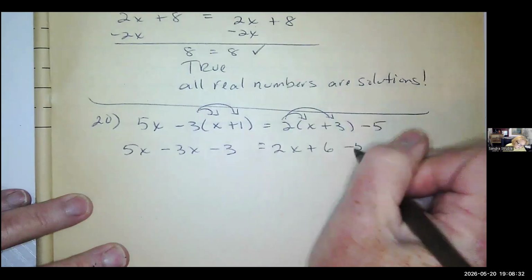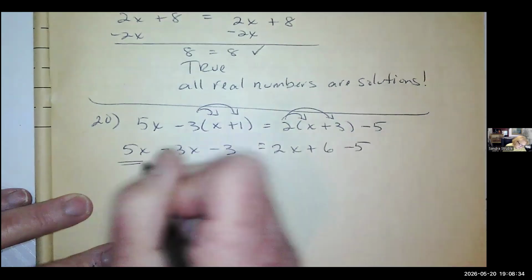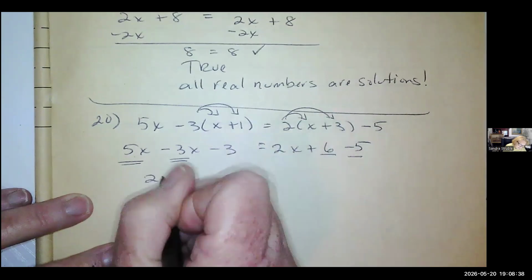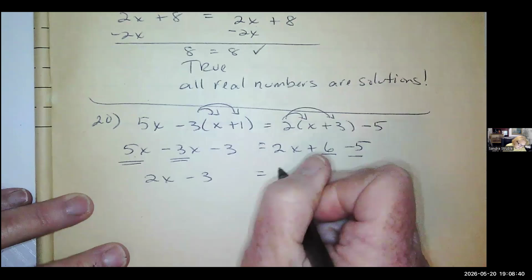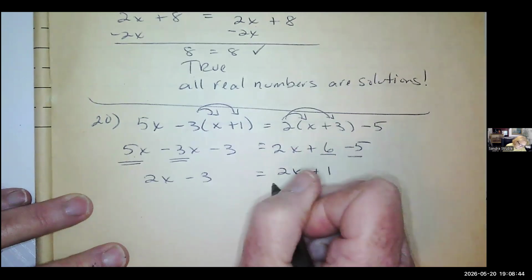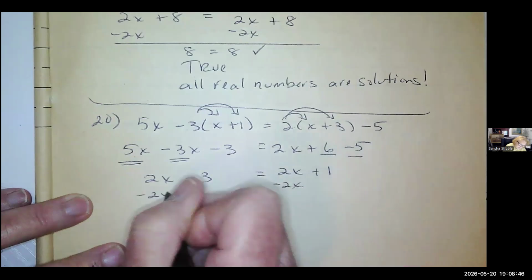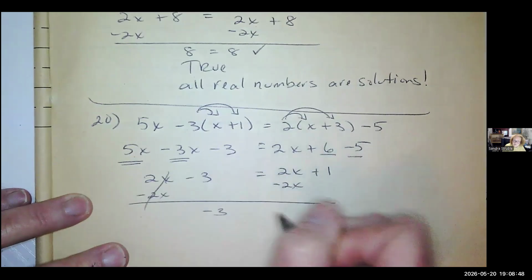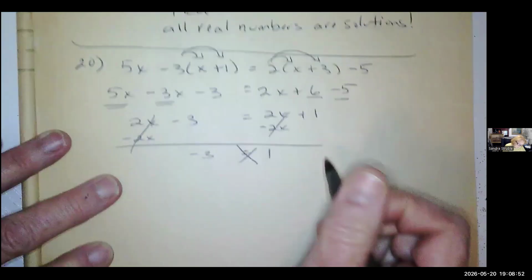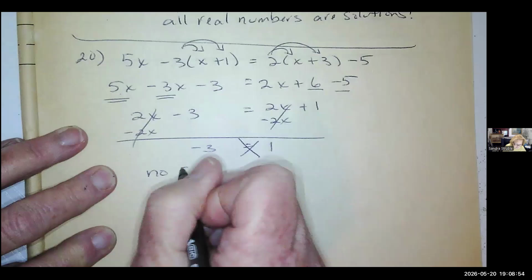Combining like terms. 5x minus 3x is 2x minus 3. 6 minus 5 is 1. Let's move our 2x over. Negative 3 does not equal 1. So there is no solution. Or DNE.